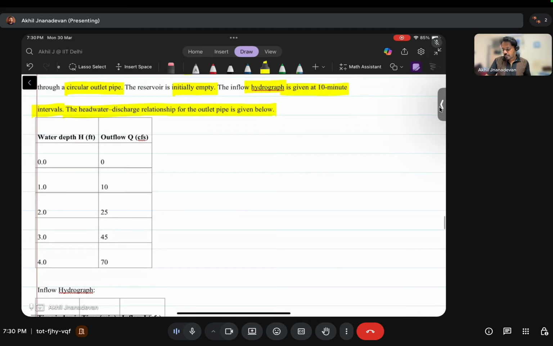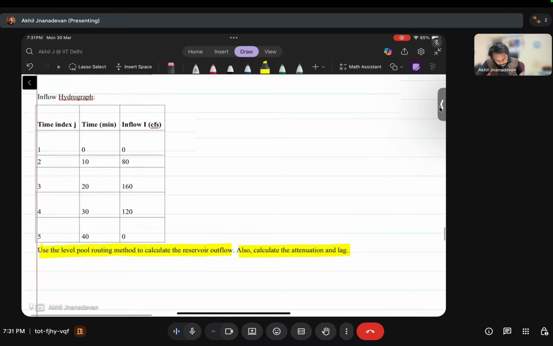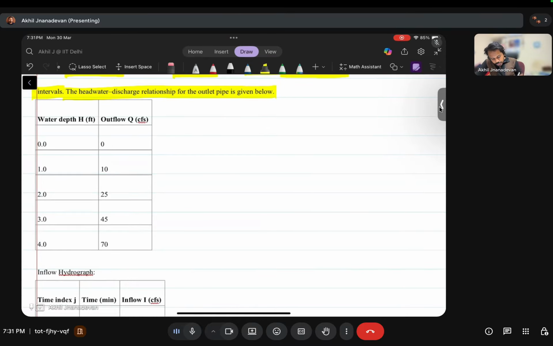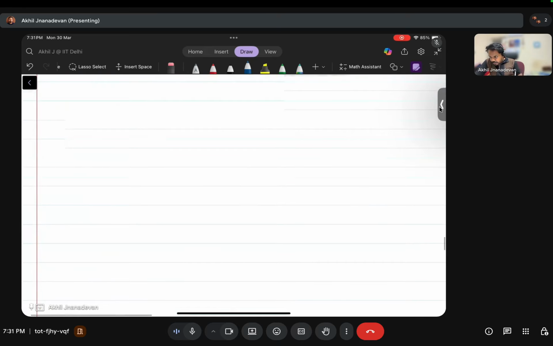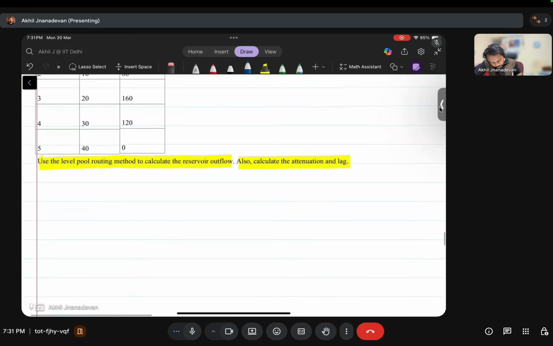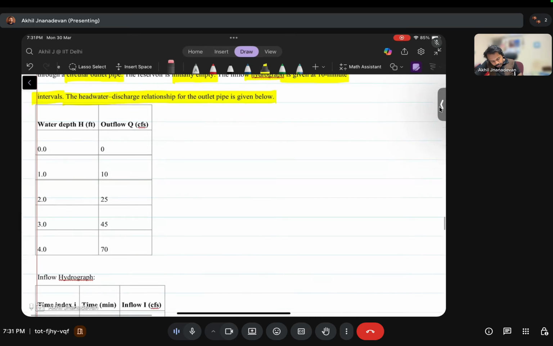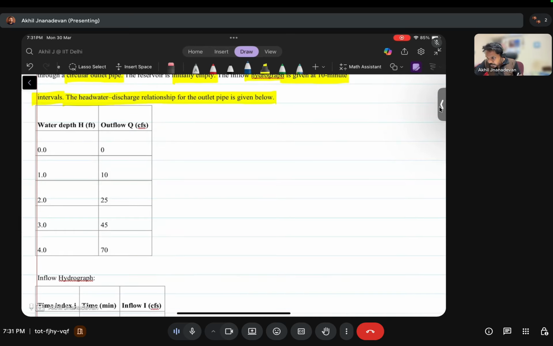So basically we are given the head and outflow. The very first thing we need to do is make use of the same table. I'll be extending this table and solving. It would be better if I use the same table. I'll use a different color. For the water depth, we need to find the storage first, right?